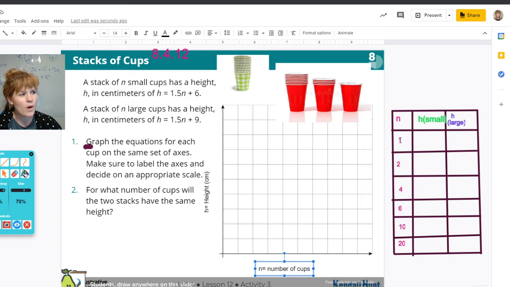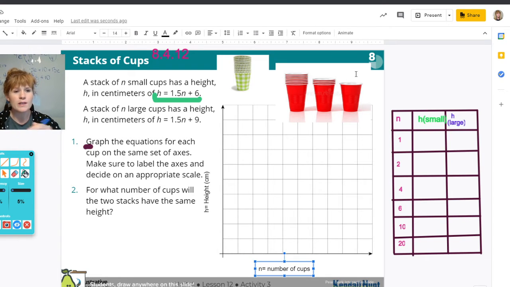Okay, if you have 1 cup, and remember, I'm looking at this equation over here, you write that down in your notes, okay? You should do this in your notes. Don't just listen to me, make sure you understand it. If you have 1 cup, then n equals 1, and you have 1.5 plus 6.